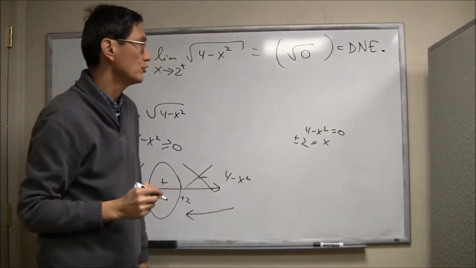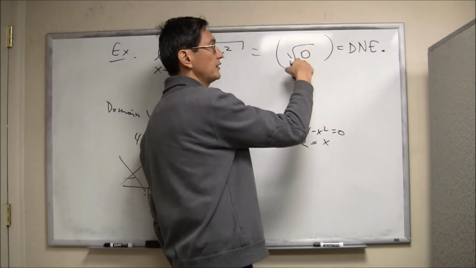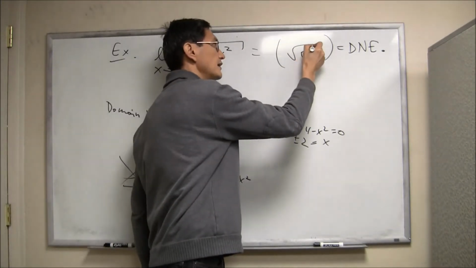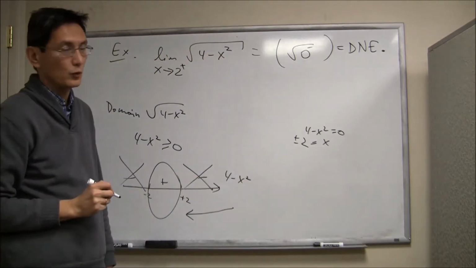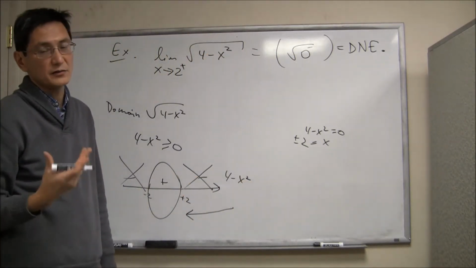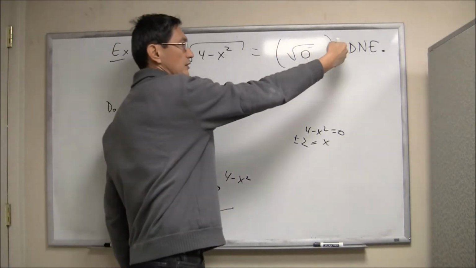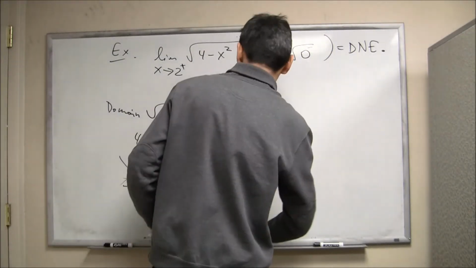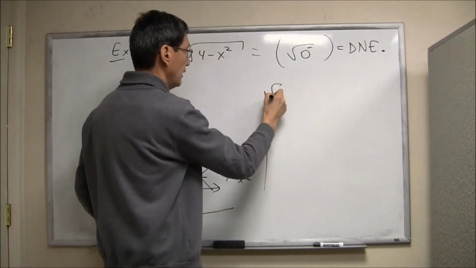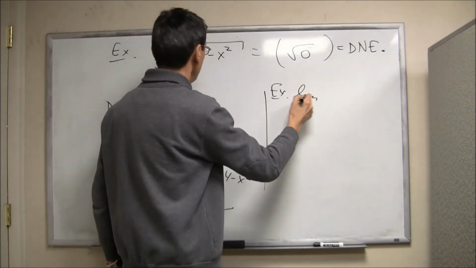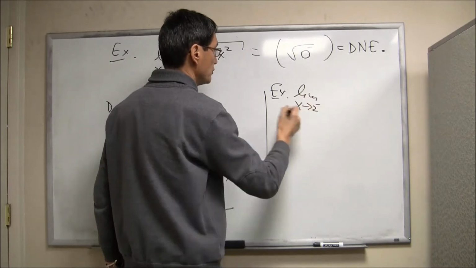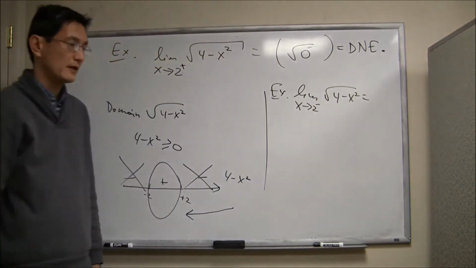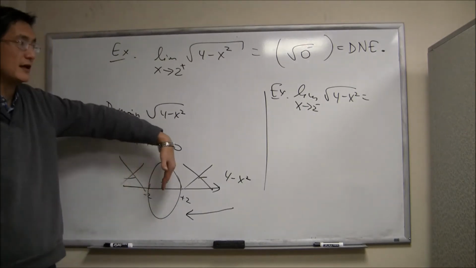Sometimes the notation I'm going to use is, instead of writing square root of 0, I'm going to write square root of 0 minus, slightly less than 0. And square root of a negative number doesn't exist. That will be easier to do this way. And if I do another example with the same function but now approaching 2 from the left, I'm staying inside of my domain.